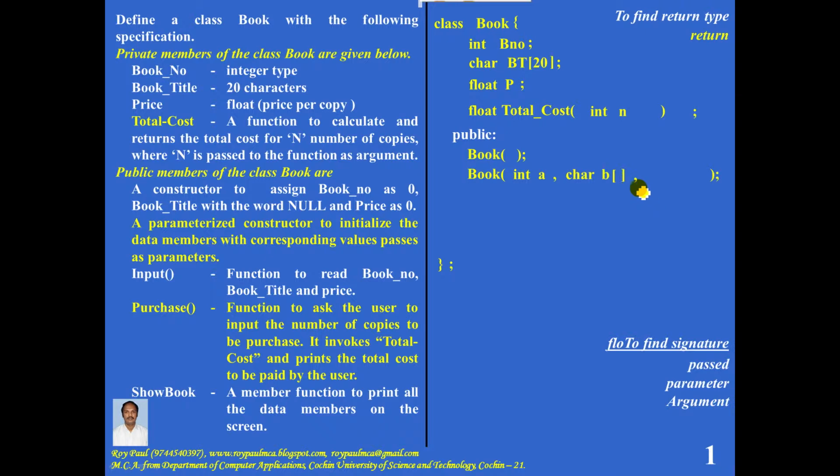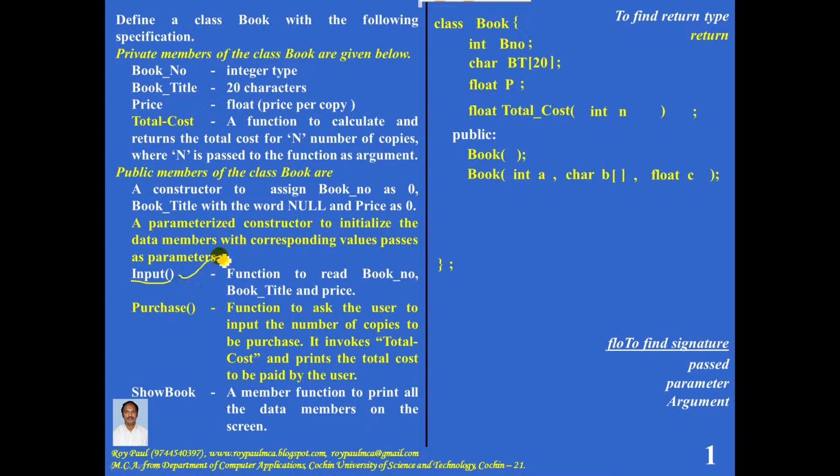And if you give the size, it must be the same as this one. So I am not giving any size. The second data member will be initialized using this parameter B. The third data member should be initialized using the third parameter. This is float, so certainly the third parameter will be float C. So P will be initialized using the parameter C.